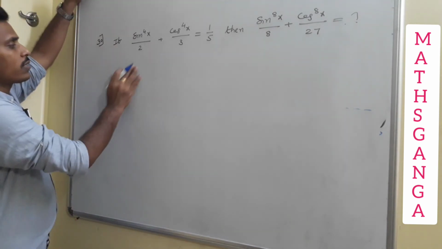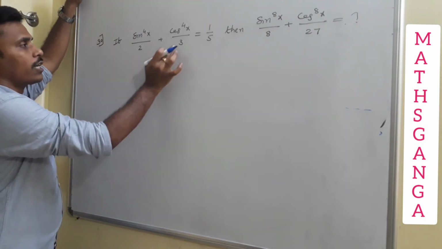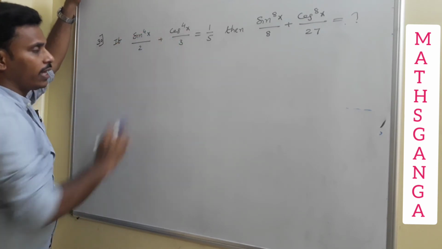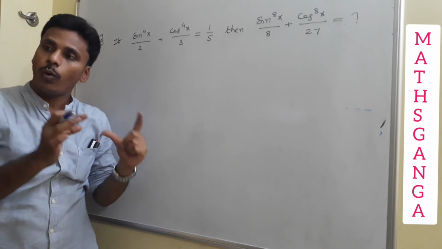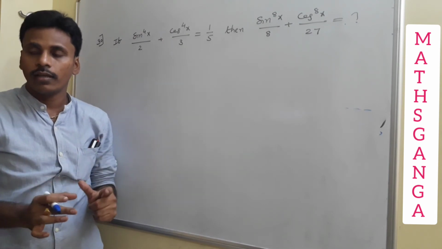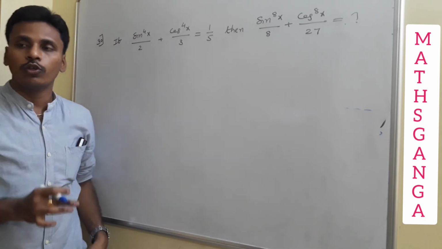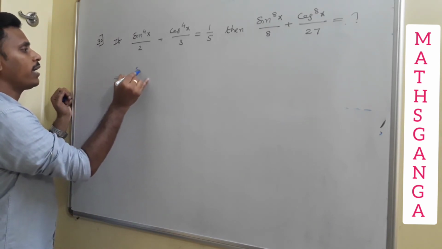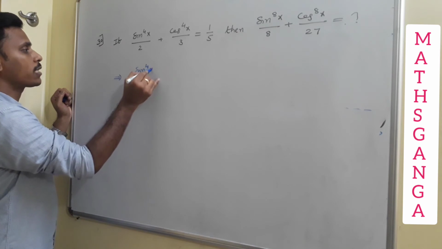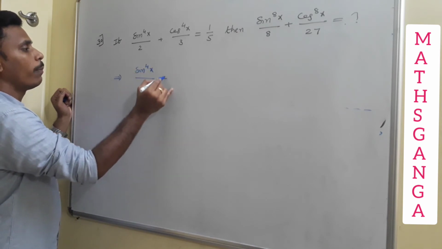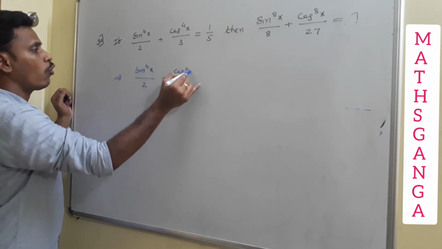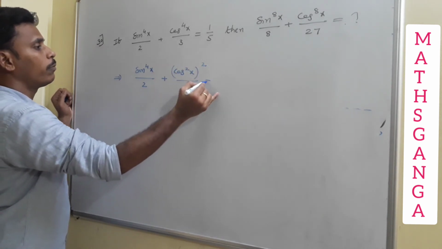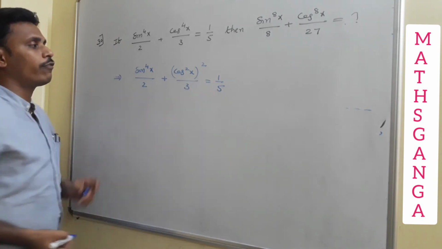Now if you look, sin power 4x by 2 plus cos power 4x by 3 is 1 by 5. I will try to convert everything in terms of sin square x or cos square x, and I will find any one of those two values at first. So my next step is this one. This implies sin power 4x divided by 2 plus, I will rewrite cos power 4x as (cos square x) whole square divided by 3, equals 1 by 5.